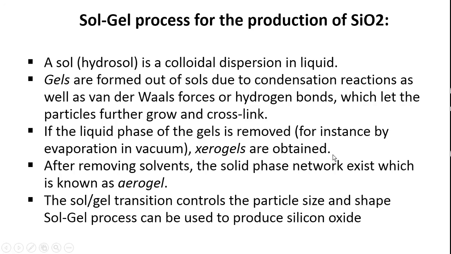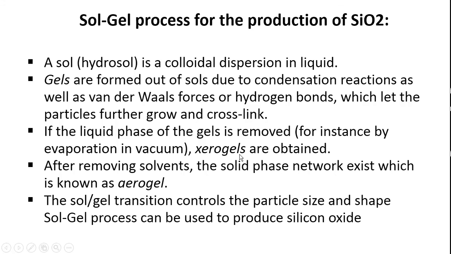After removing the solvents, the solid phase network that exists is known as aerogel. So you should know what is meant by sol, gel and xerogel, and how each is formed.